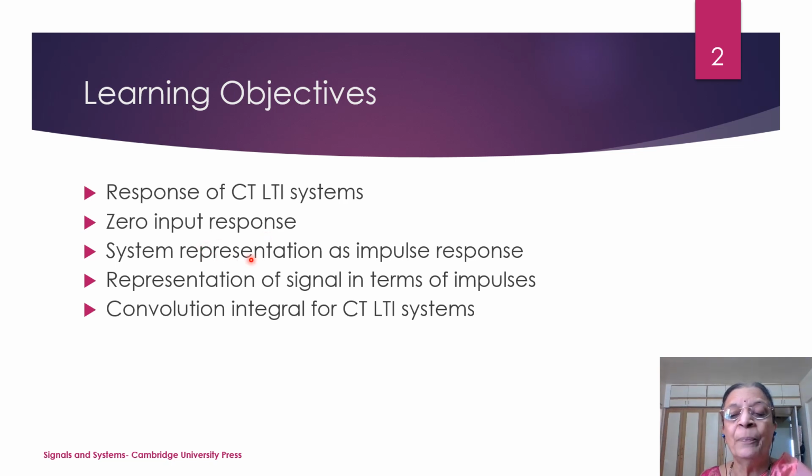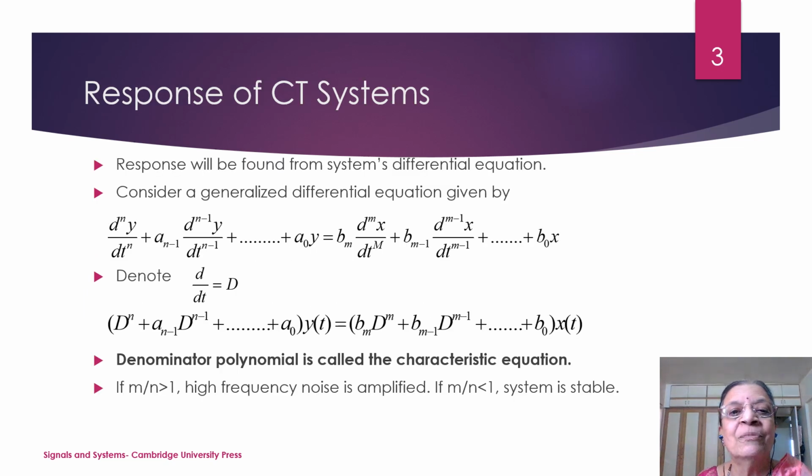So we try to represent the system as the impulse response, and we try to represent the input signal x(t) as a combination of impulses, and then do the convolution integral to find the continuous time LTI system's response. Let us see how we go about doing it.